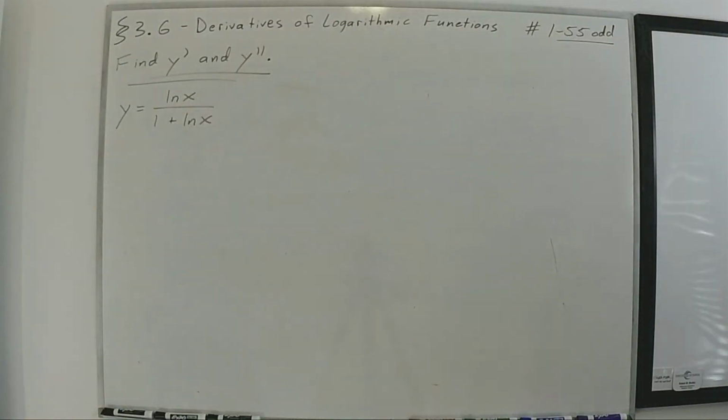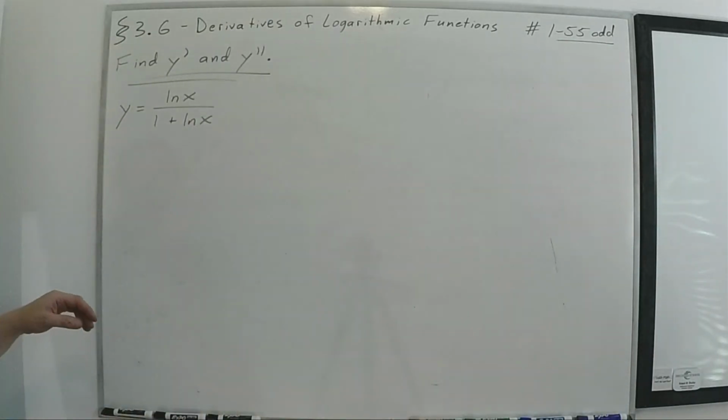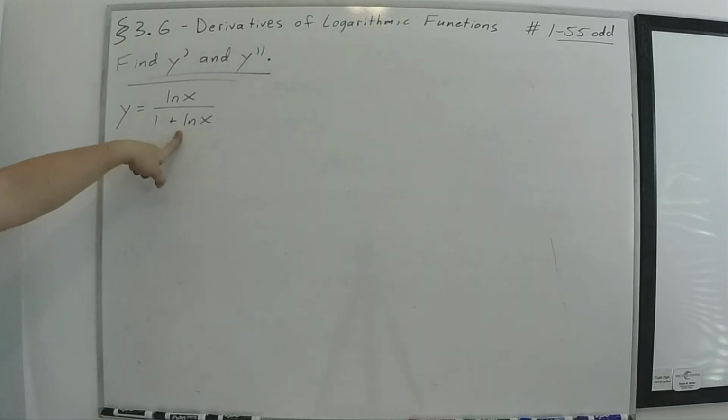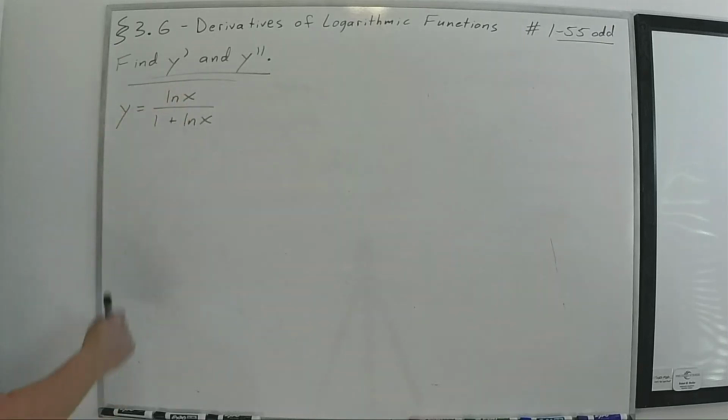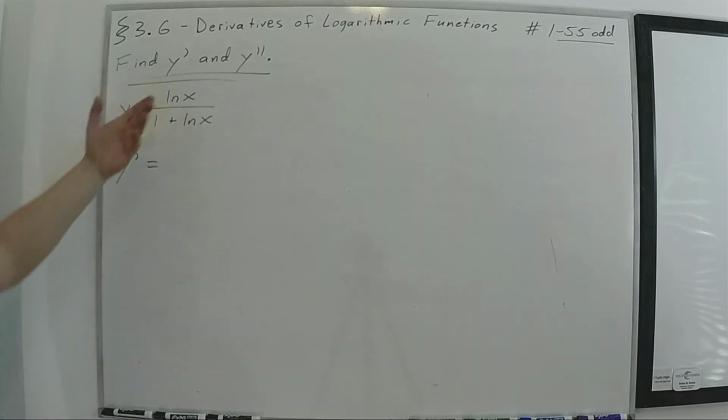So our goal is to find the first derivative and the second derivative. Okay, well, first of all, there's not really much we can do with this. Luckily, they are just log of x. They're not log of some crazy complicated expression. But because it is a quotient, I have to use the quotient rule.